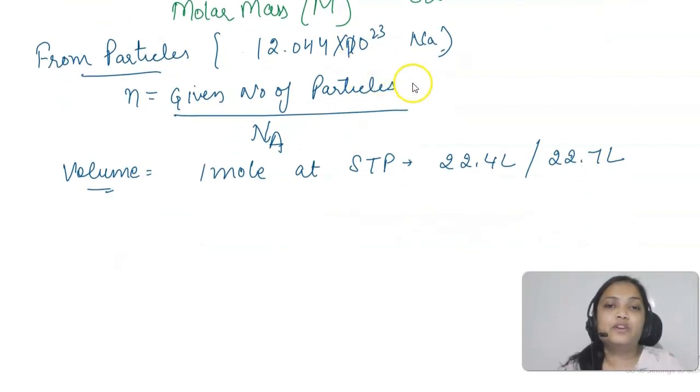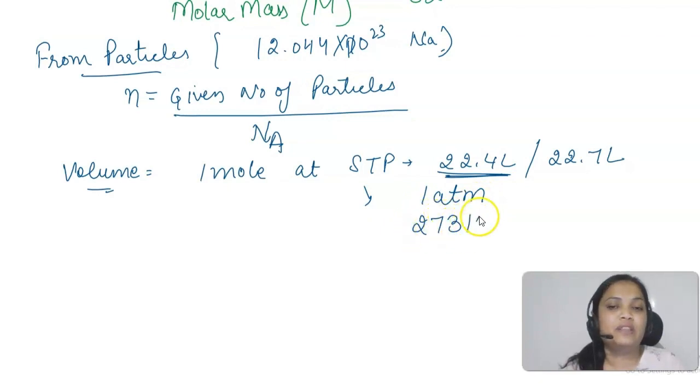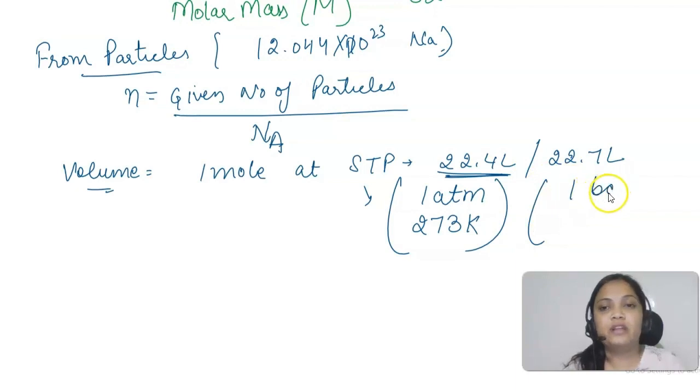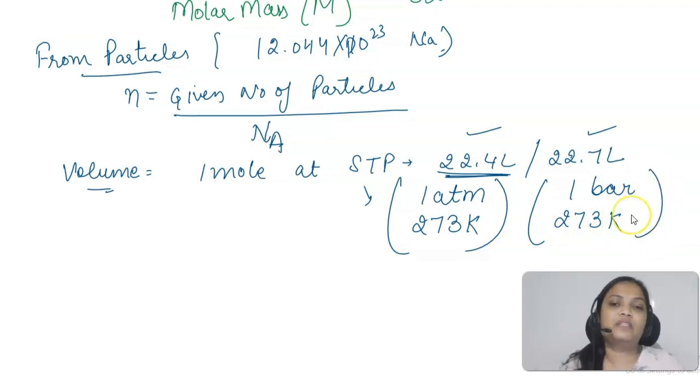That depends on your pressure. 22.4 liters is when the pressure is 1 atmosphere and the temperature is 273 Kelvin. It will be 22.7 if the pressure is 1 bar, because there is a slight difference between 1 atmosphere and bar. That's why there is a slight difference in the volume. And 273 Kelvin means 0 degrees Celsius.